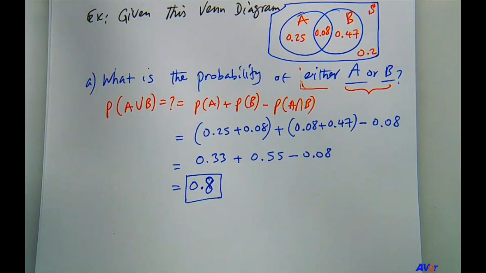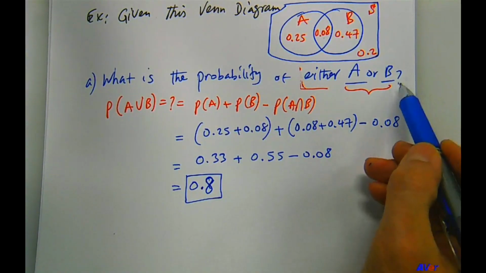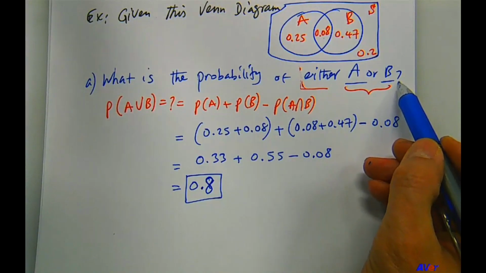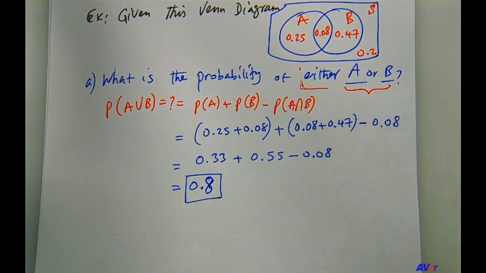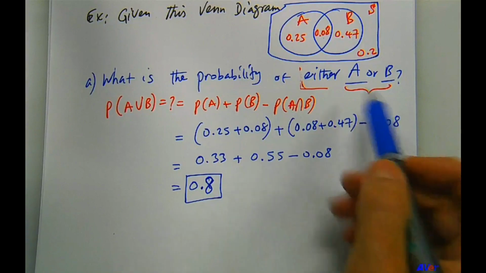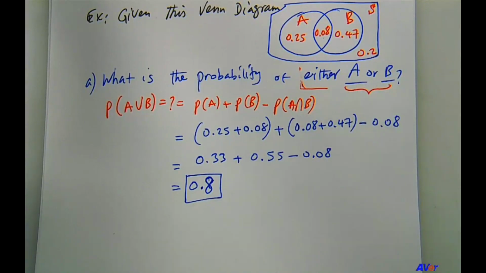As probability that either A happens or B happens or both. Notice or both here is not given, but it's okay. It's implied in that language used in probability. In probability, when you say either this or that, implied there is that both is part of that question.